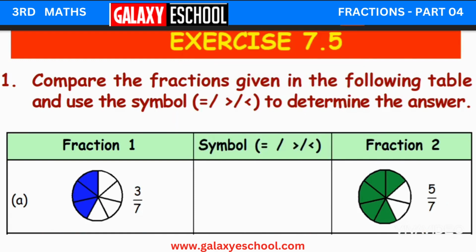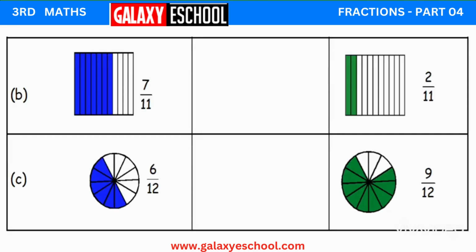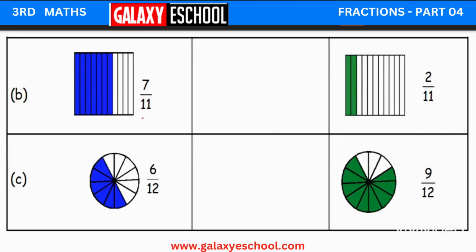And if you remember the trick, children, that I have taught you for writing the greater than and less than symbols. Now 5 here is the bigger number, so open the mouth towards the bigger number. Whatever the bigger number is, open the mouth towards that, and that will be our correct symbol. So 3 by 7 is less than 5 by 7. Next, 7 by 11 and 2 by 11. Again, both the denominators are the same.